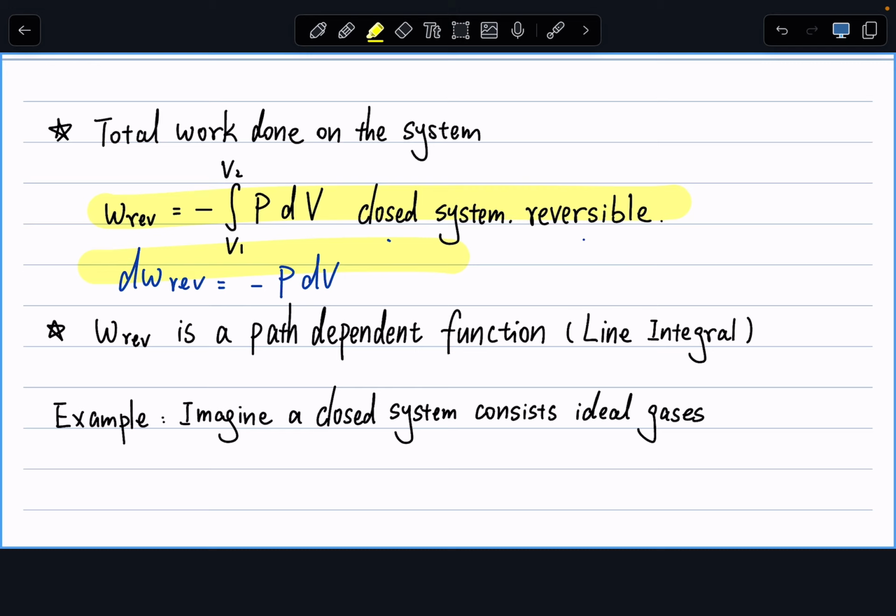Now, going back to our original statement, when we say the work is a path-dependent function, or more specifically, it's a line integral, meaning that the work itself at any point is not defined. Let's say we have something like my pencil in my hand. Now this doesn't have any work. Work is not a defined term.